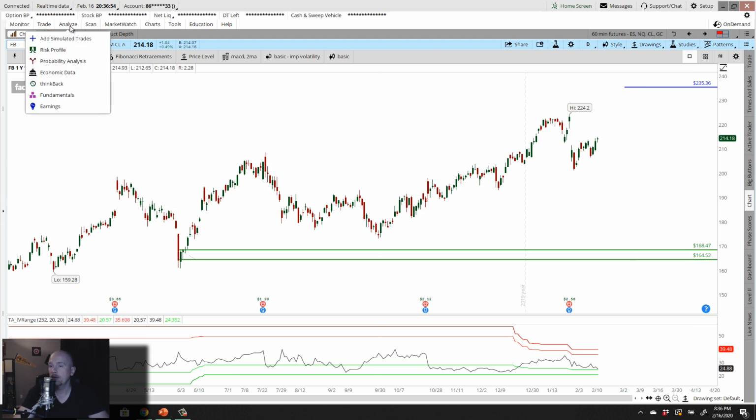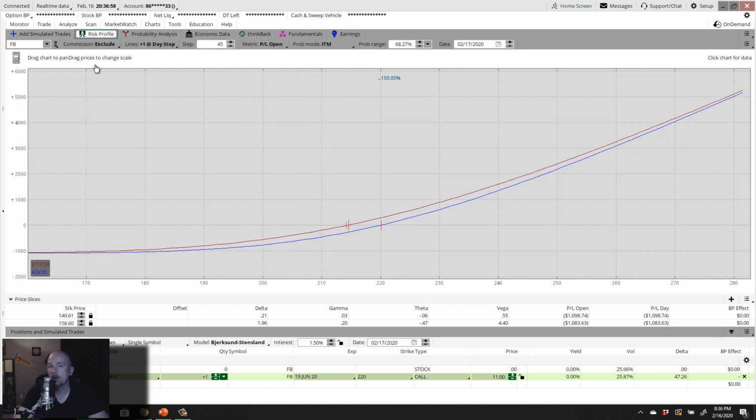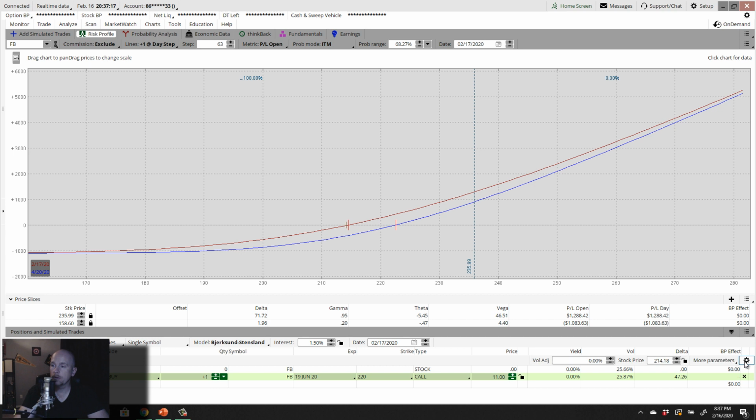So at 235, on April the 20th, I do my day step once again. So on April the 20th, I can add a price slice for 235. And we're going to assume a 10% volatility increase.